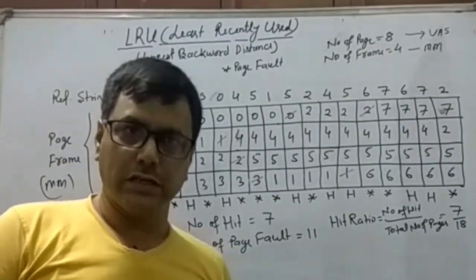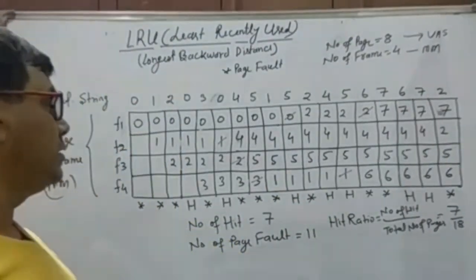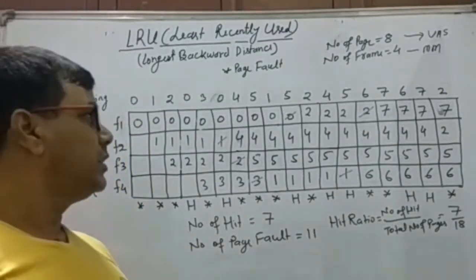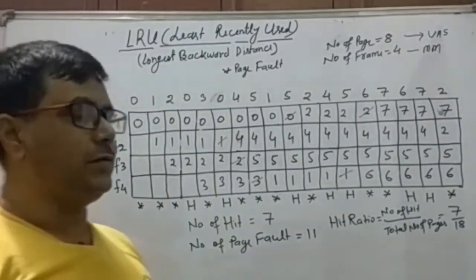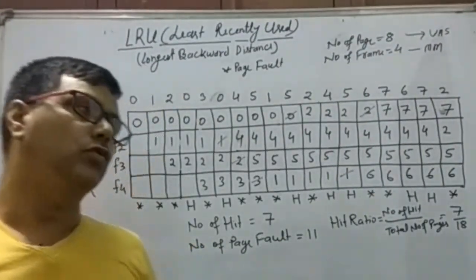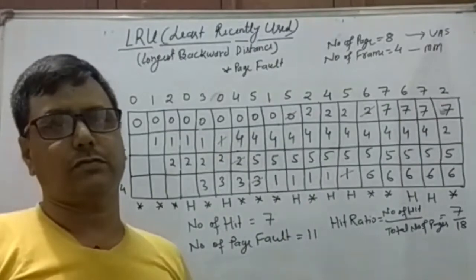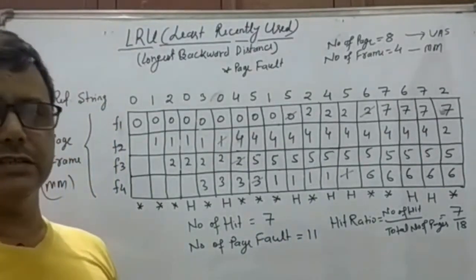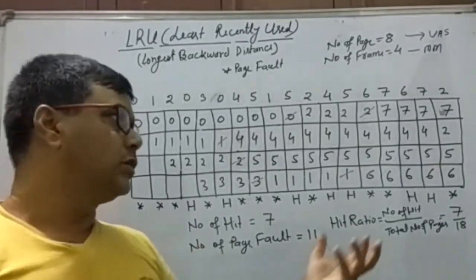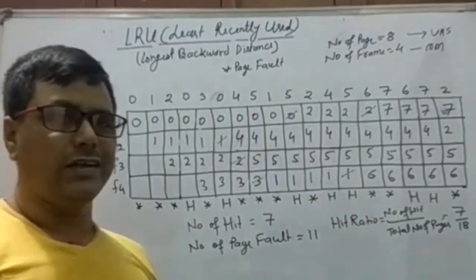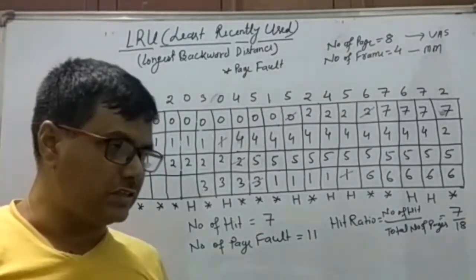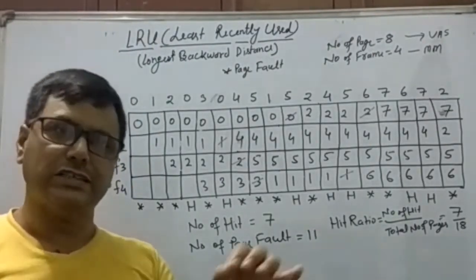Second thing, it is a bit complex because when a page arrives and there is no free frame, it has to do a backward search. Every time there is a page fault, it needs to look backward and search for the page with the longest backward distance. That takes some time.